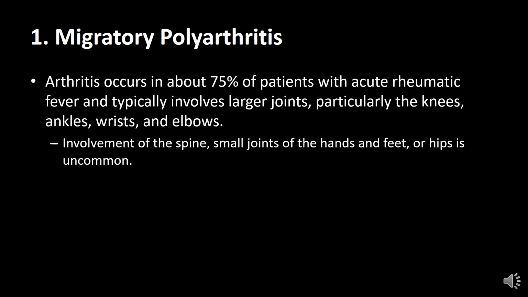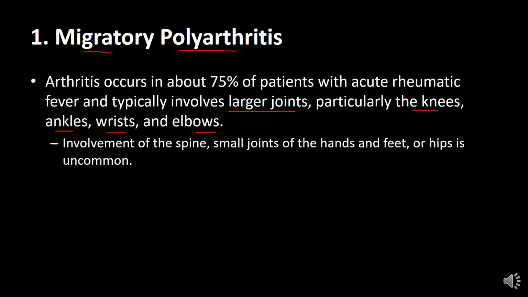And another thing to remember, besides the fact that it is migratory in nature and that it affects more than one joint, is that it affects large joints. What are the large joints? We are talking about the knees, the elbows, the wrists, the ankle joints, major or large joints.